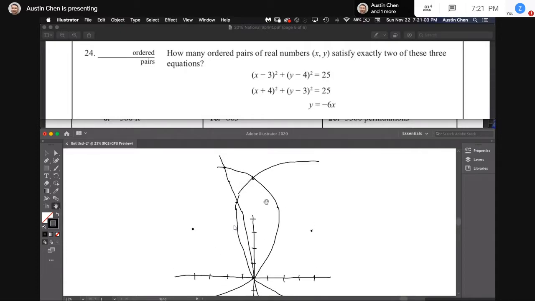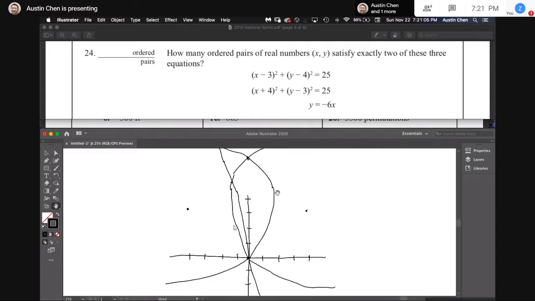I didn't draw this extremely well, but I still got it. So I guess it doesn't have to be too accurate. I just think you have to have this negative 6x line within this circle.